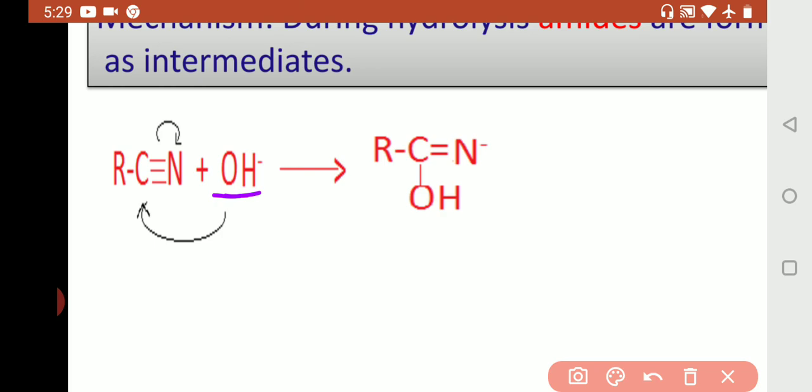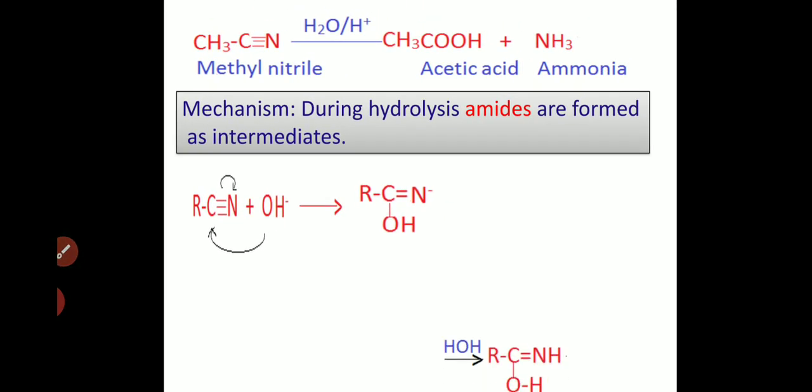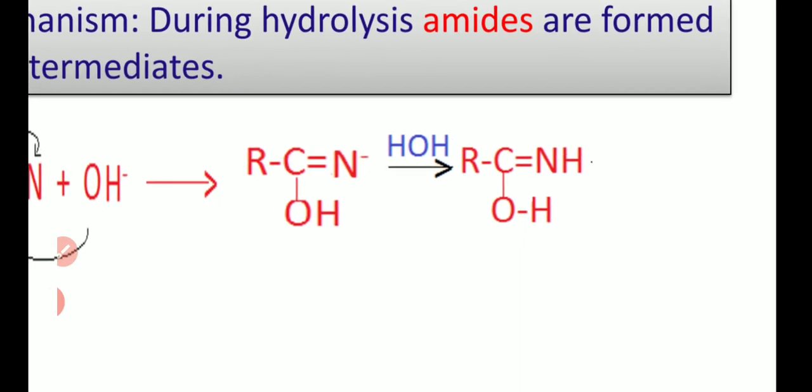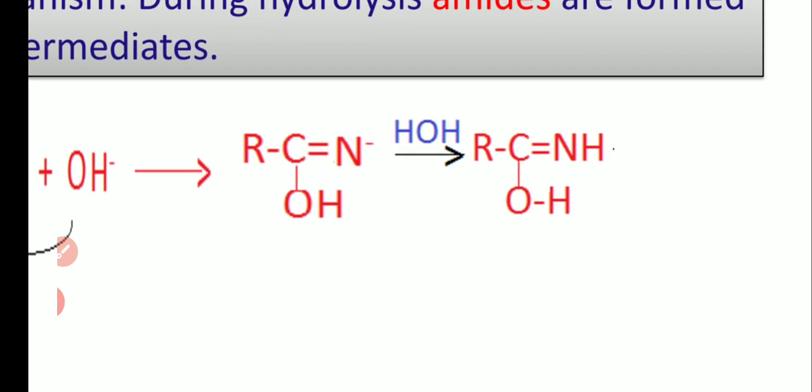Now, what is the other remaining factor? H2O is there. In presence of H2O, this will convert into the following. H2O is written as HOH, and if we write this as two parts, H plus and OH minus, this N minus will capture H plus from water, forming an N-H bond.